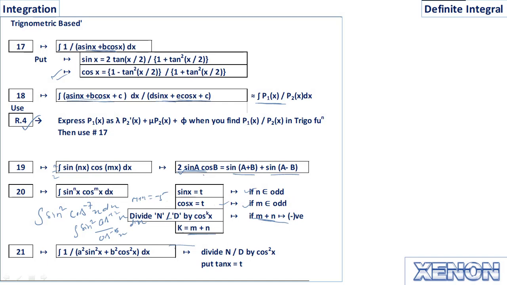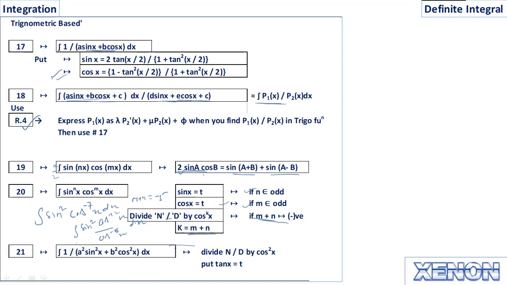Now when we are getting the integrand of the form 1 upon a square sin square x plus b square cos square x, here actually we will divide both numerator and denominator by cos square x, and then we will put tan x equals to t. So when we divide by cos square x, we will get the integrand of the form 1 upon a square tan square x plus b square, right?